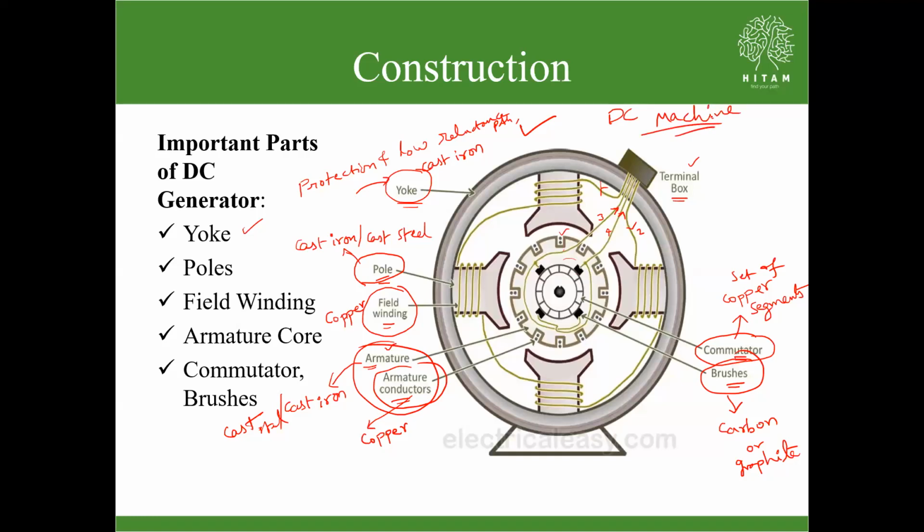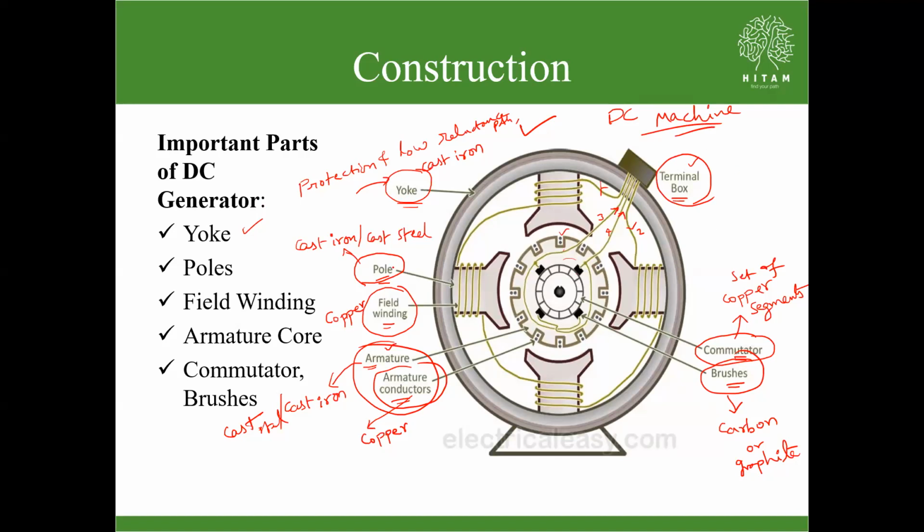Clear the constructional parts and their importance, why we are taking each part in this machine, starting from the yoke to ending at the terminal box and commutator. Clear, right?